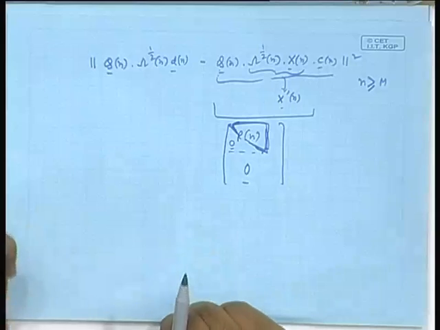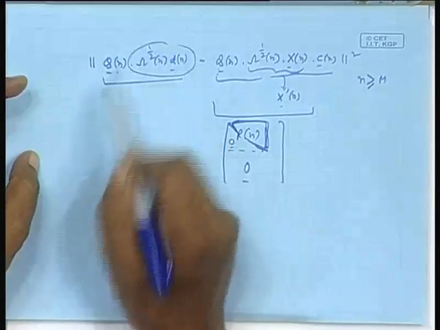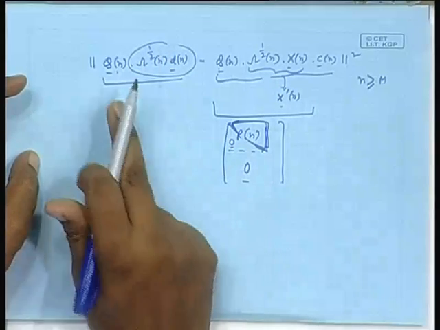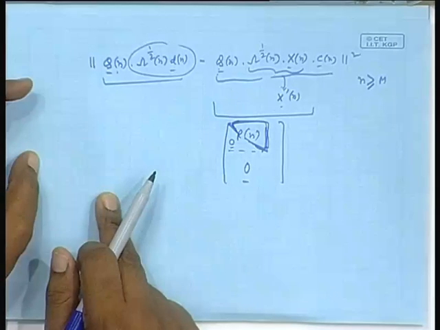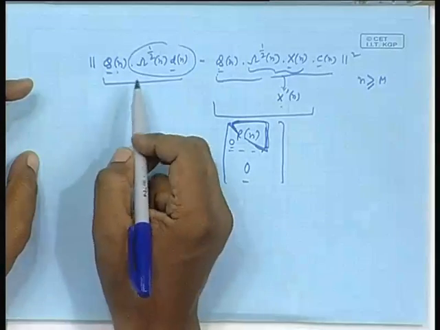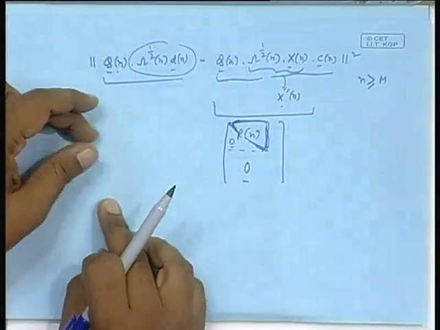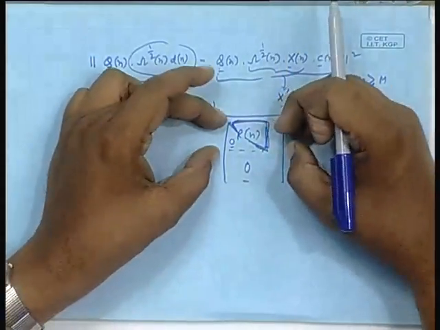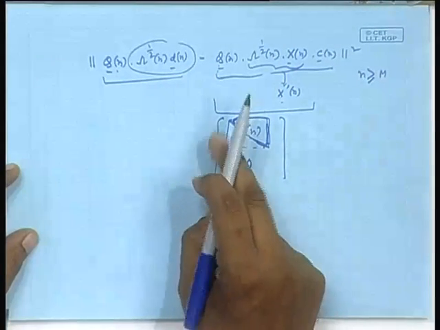Now see, things are very nice now. Consider this, this is working on a vector and giving me another vector. This vector can have two components, the resulting product vector I can divide into two components, one component of length m, another the lower part, upper part, lower part.